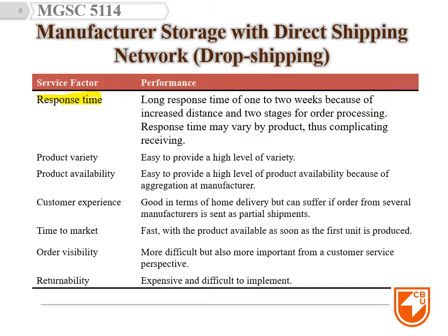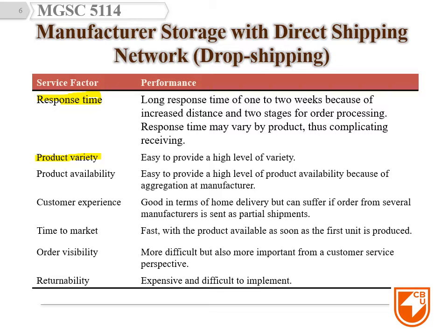The next item to be covered as service factor is product variety. In general, when you supply products from a manufacturer's place, you have more options to customize, and certainly you have higher variety. The same goes for this type of network.